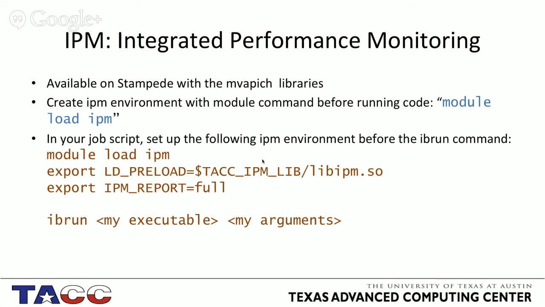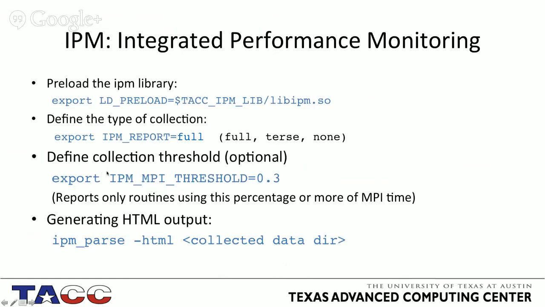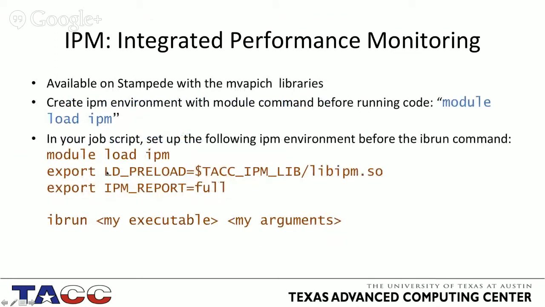The other nice thing is that you don't have to modify your code at all to run IPM. The only thing you have to do is remember to build with the -g flag. To run IPM, you just do a module load ipm, and then you have to export an LD_PRELOAD variable, and that's to make sure that IPM can intercept and use its own MPI calls, which actually wrap the regular MPI calls and capture additional information.